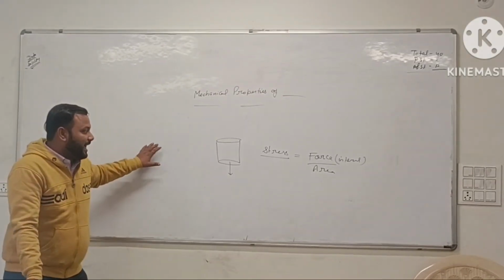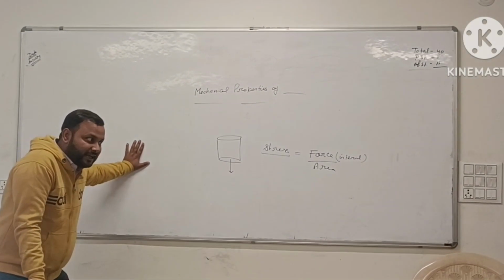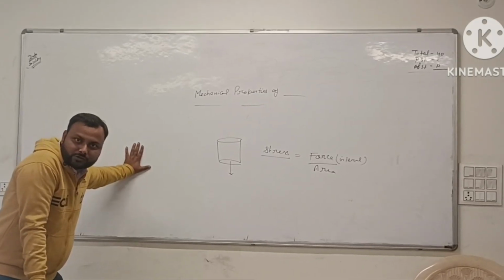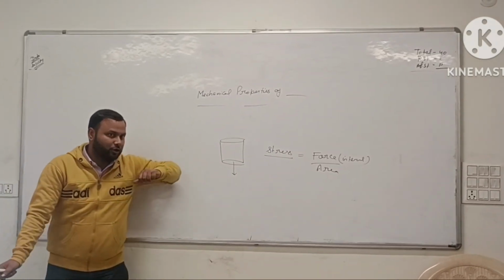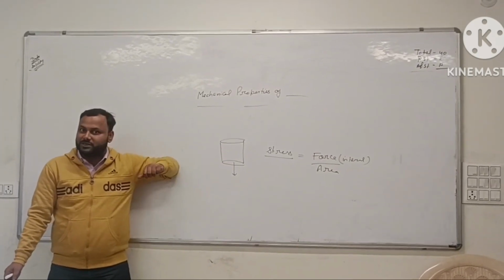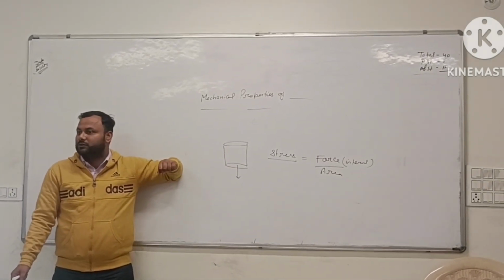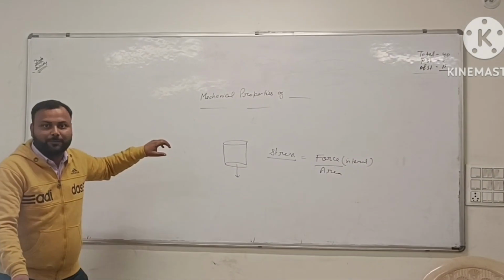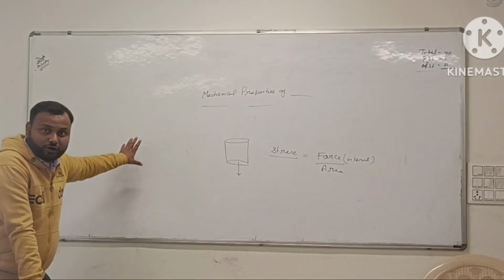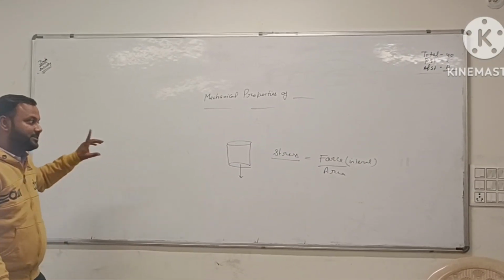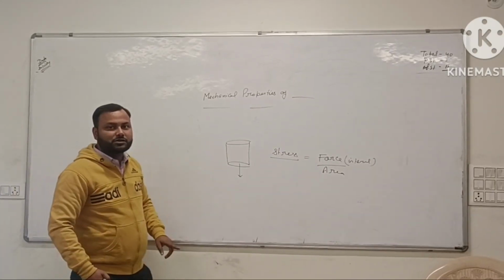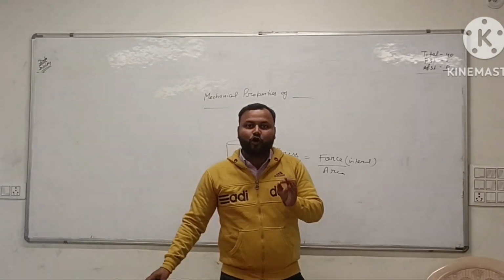When you are applying force perpendicular to the cross-sectional area, this is normal force. This is the surface, and the cross-sectional area vector of this surface is perpendicular to it. So when you are applying the force in the direction of the area vector, or along the normal component, this force is called normal force, and the stress type is normal stress.